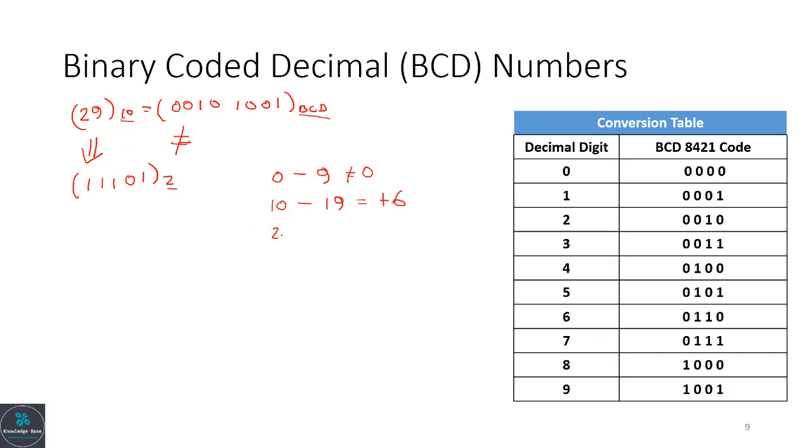Similarly, for 20 to 29, we have to add 12 to that number. From 30 to 39, we have to add 18 to that number. As we haven't discussed the binary addition, we are not going into details of it, but remember this one.